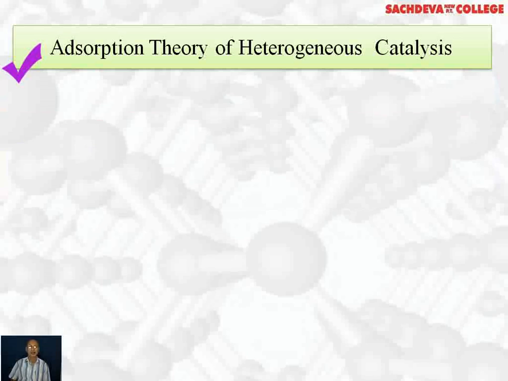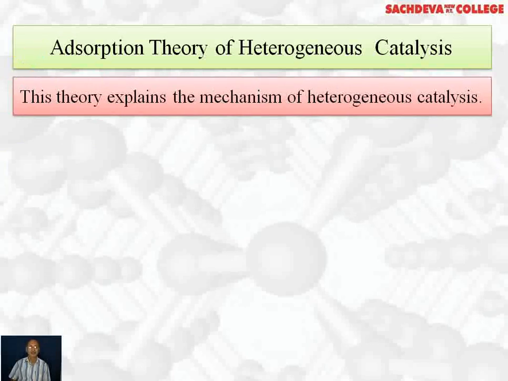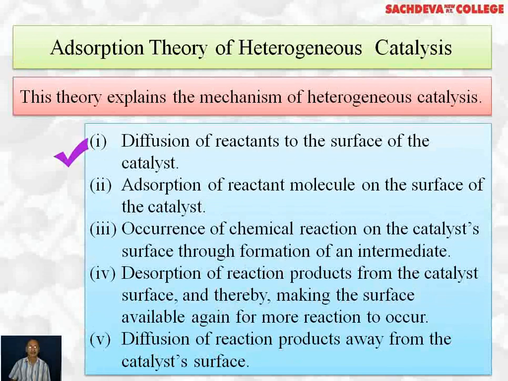Adsorption theory of heterogeneous catalysis. This theory explains the mechanism of heterogeneous catalysis. The first step is diffusion of reactants to the surface of the catalyst. Second step, adsorption of reactant molecules on the surface of the catalyst. Third step, occurrence of a chemical reaction on the catalyst surface through the formation of an unstable intermediate.